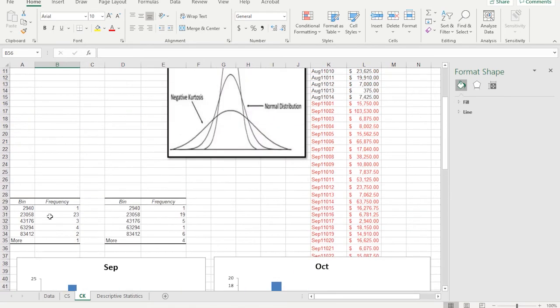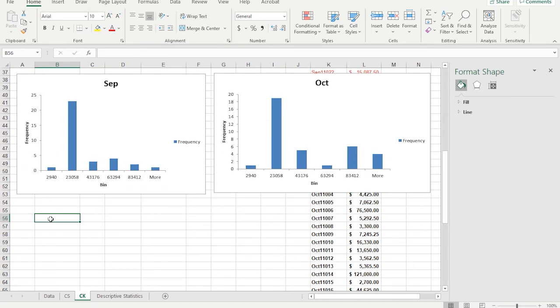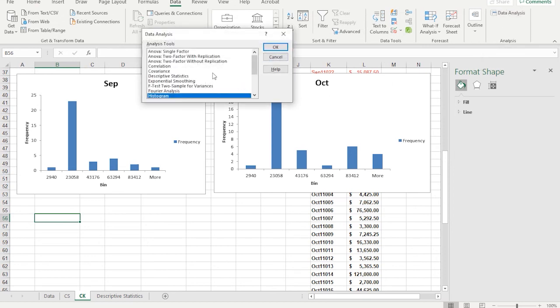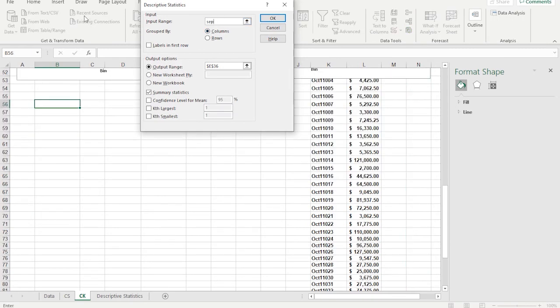Let me go ahead and now create some descriptive statistics first for both of these months. Now, I am going to do this by selecting the data analysis, descriptive statistics, and I am going to do this first for September. So I'm just putting in the named range instead of having to select the data array.